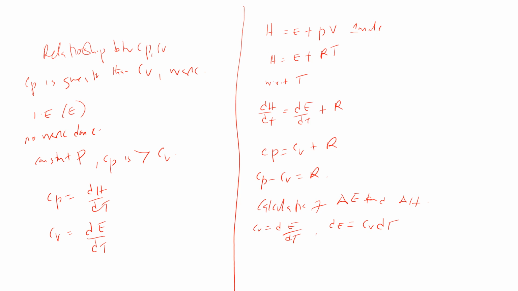So what we are basically saying is delta E will be the same as E2 minus E1, which is equal to Cv into T2 minus T1.